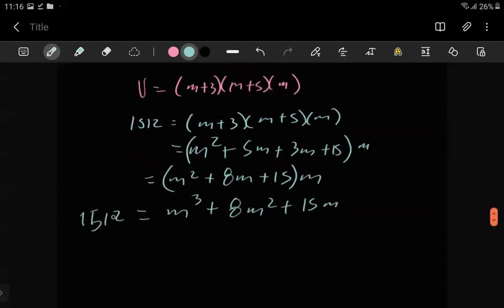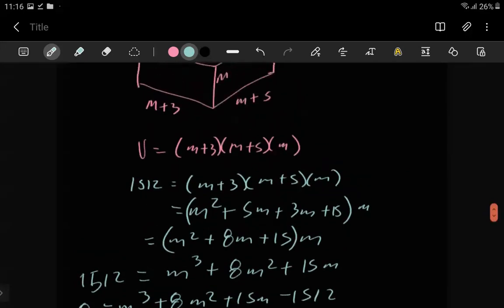And then if you try to factorize that, M cubed plus 8M squared plus 15M minus this, it's just out of bounds.